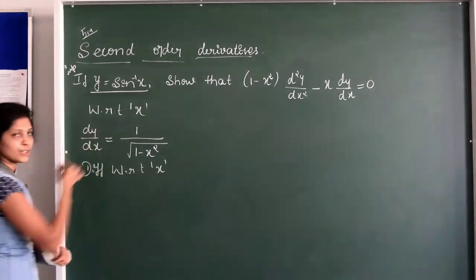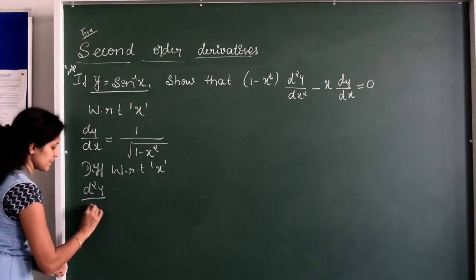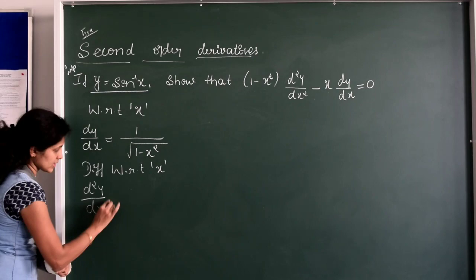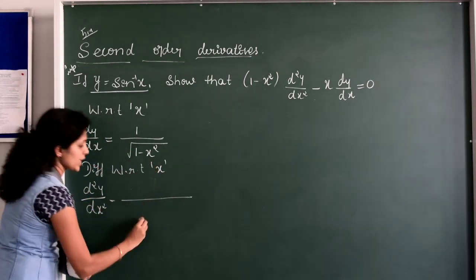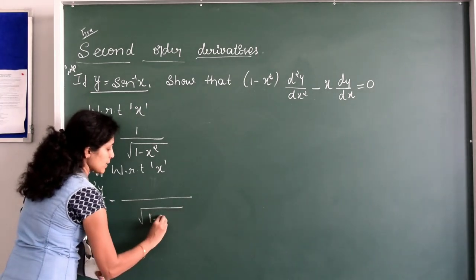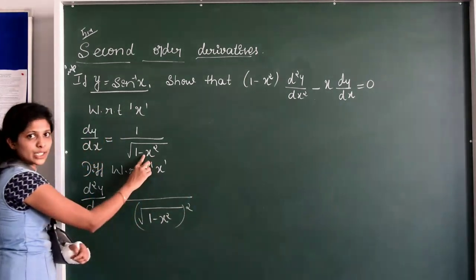So derivative of dy by dx with respect to x will be d square y divided by dx square. As I told you, we are going with the quotient rule. So divided by root of this whole square I have written, that is root of 1 minus x square whole square, right? So then you have to write the denominator as it is.